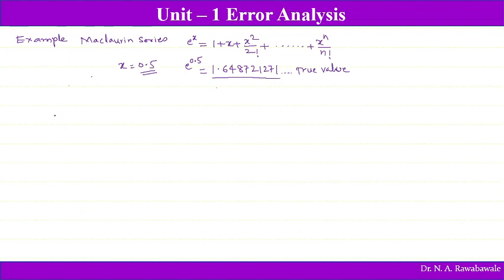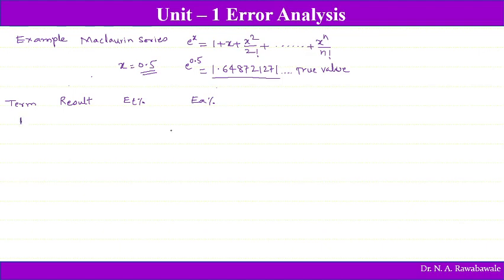Now we'll have a table to compare this. In this table, first we do the iterative method. We take the term, then the result, the true error, the percentage true error, and the approximate error in percentage, that is relative. So first we take one term.